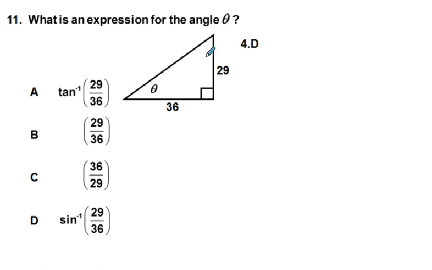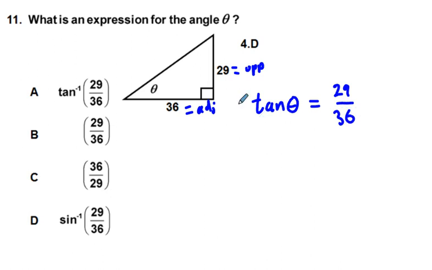11. What's the expression for angle theta? Well, let's just look at this. We have our theta here, and our tangent is opposite over adjacent, so the tangent of theta is equal to 29 over 36.